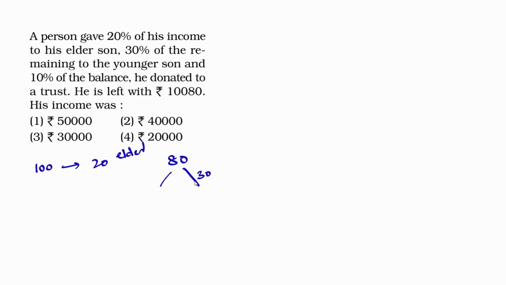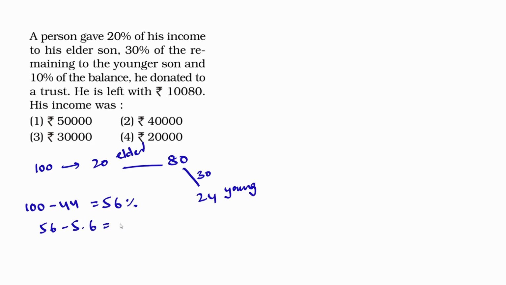So, that would be 24%. So, we are left with 100 minus 44, that is 56%. And out of this 56%, he donated 10% to a trust, that is 56 minus 5.6, which is 50.4.